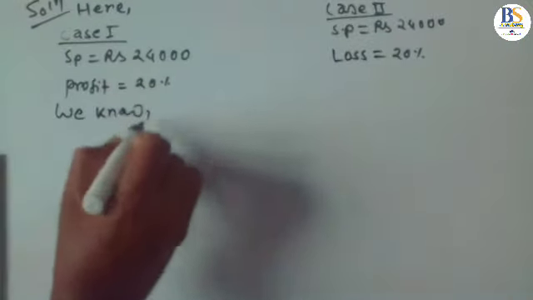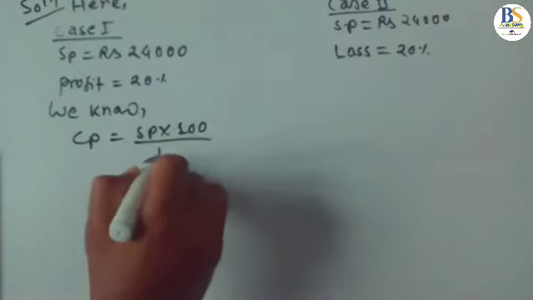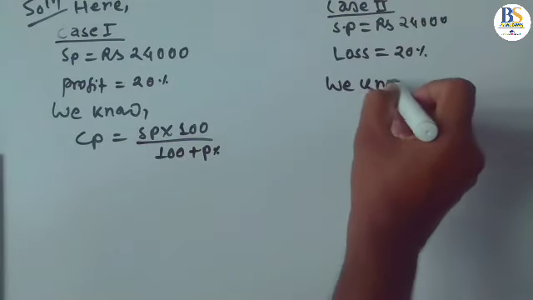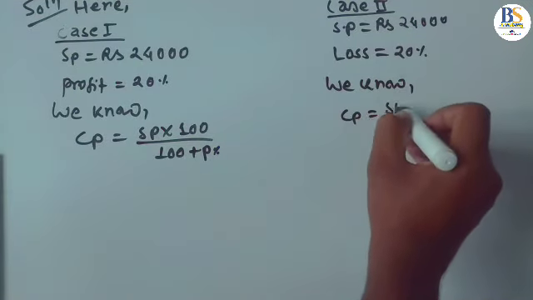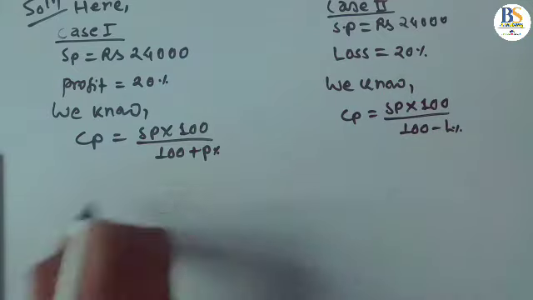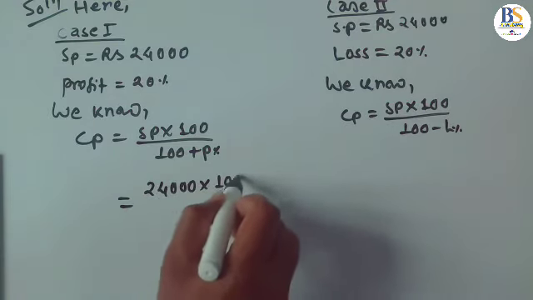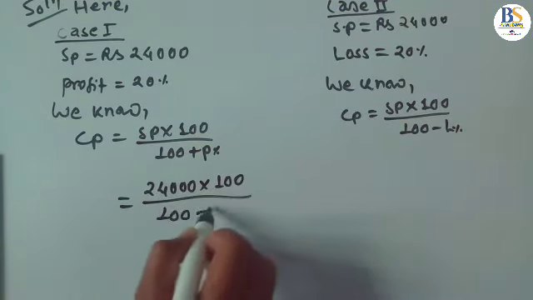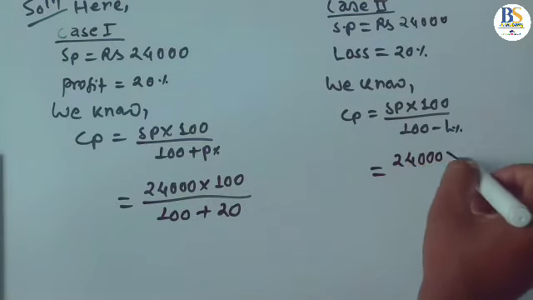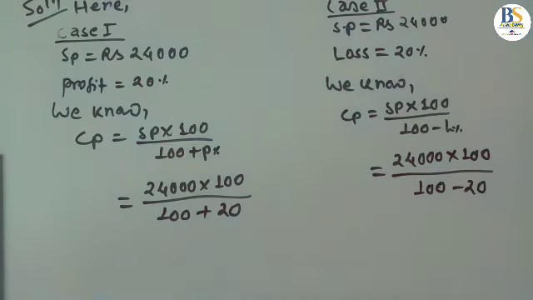We know CP equals SP times 100 upon (100 plus profit percent). In the other case, CP equals SP times 100 upon (100 minus loss percent). In the first case, SP is 24,000 times 100 upon (100 plus 20). In the second case, 24,000 times 100 upon (100 minus 20).